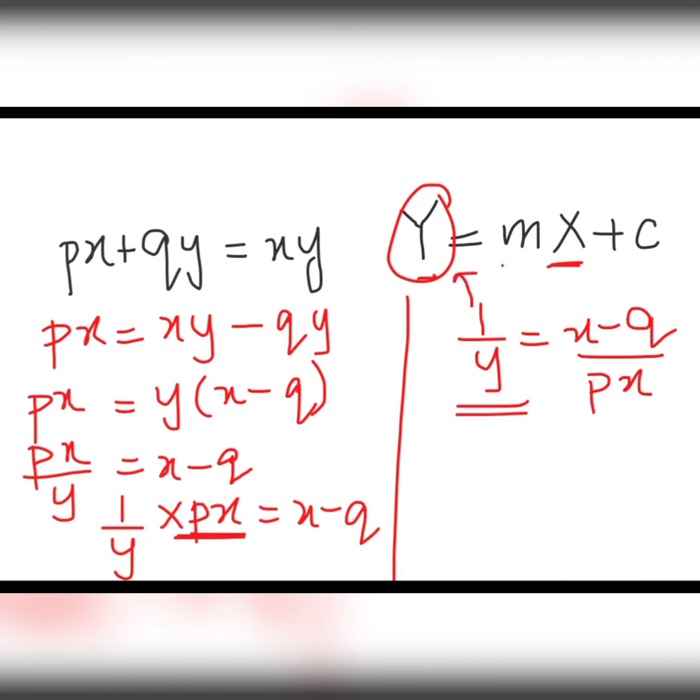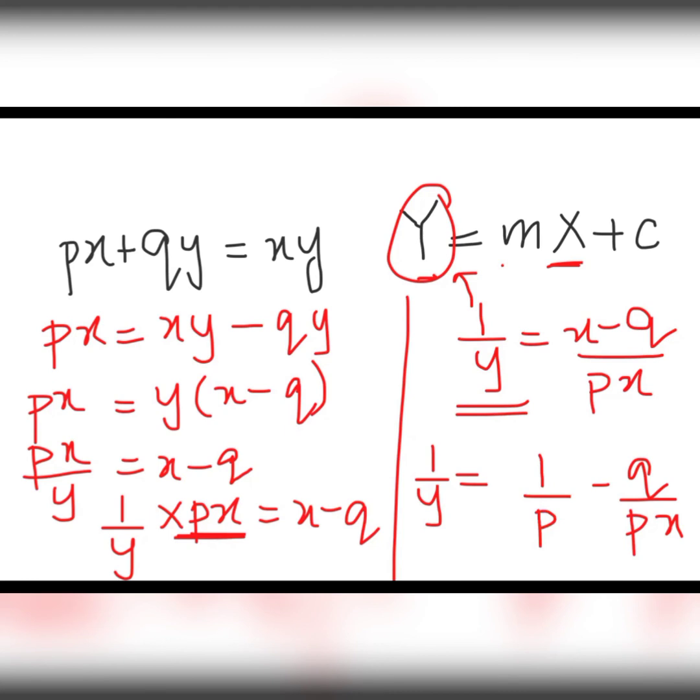What about mX plus c? If we separate these two terms, it becomes 1 upon y is equal to x upon px minus q upon px. So x upon px becomes 1 upon p simply, 1 upon p minus q upon px.